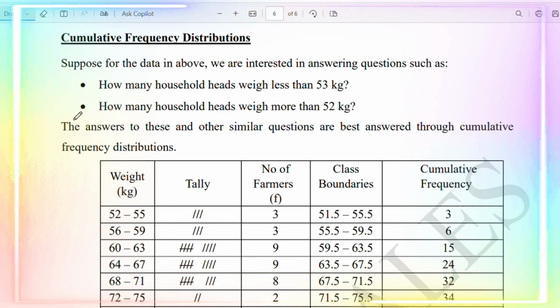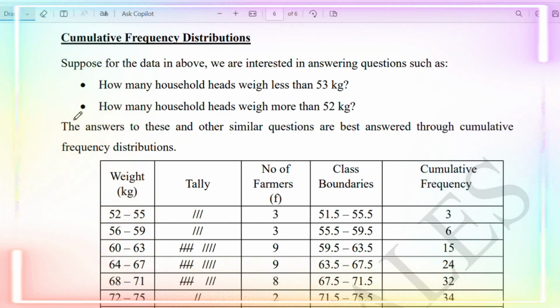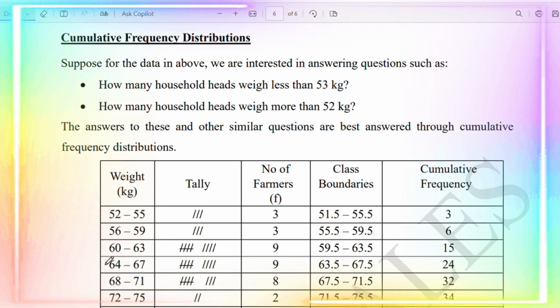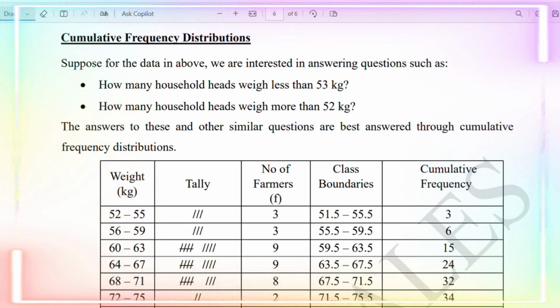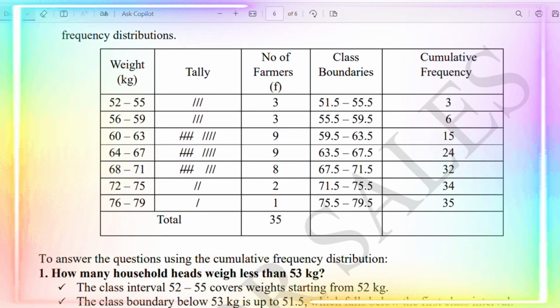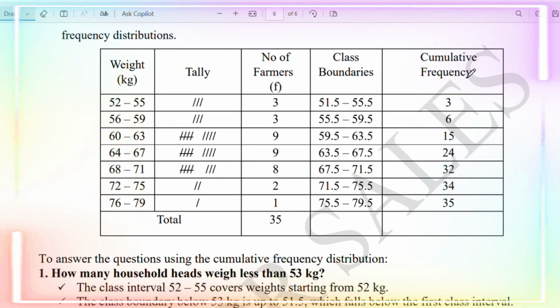The answers to this and other similar questions are best answered through cumulative frequency distribution. And what that means is that we need to obtain the cumulative frequency distribution.